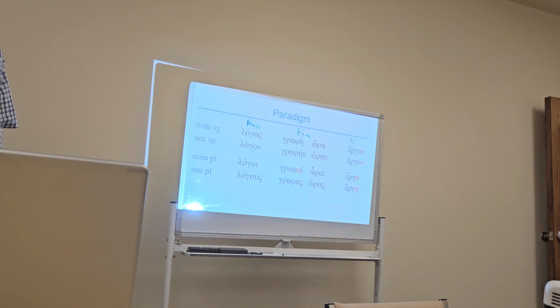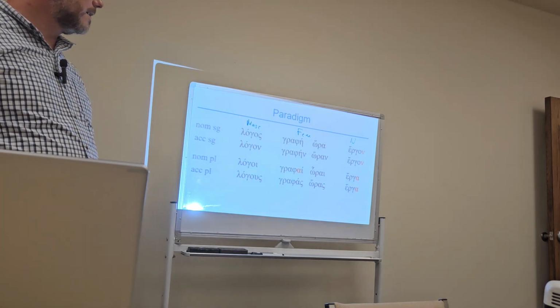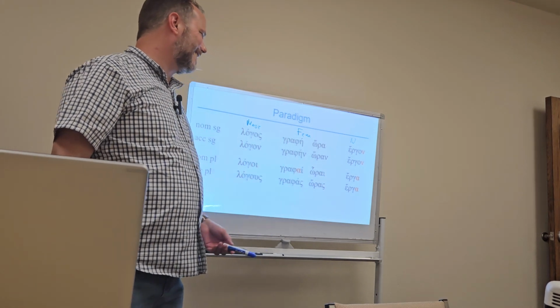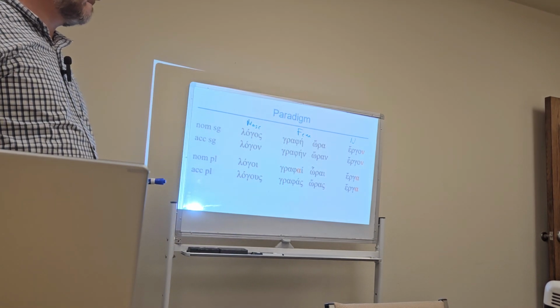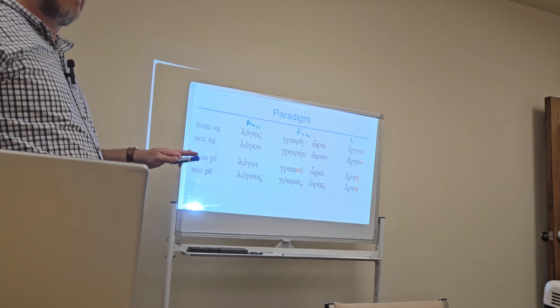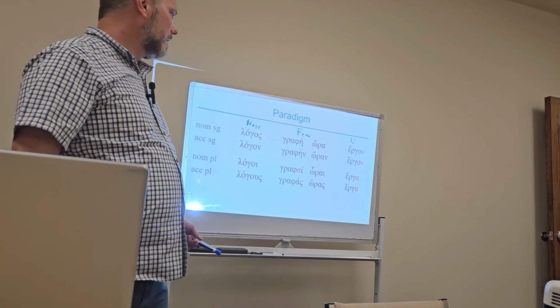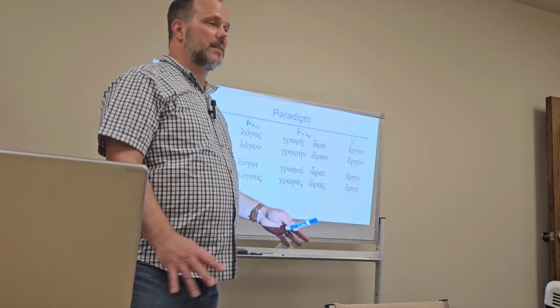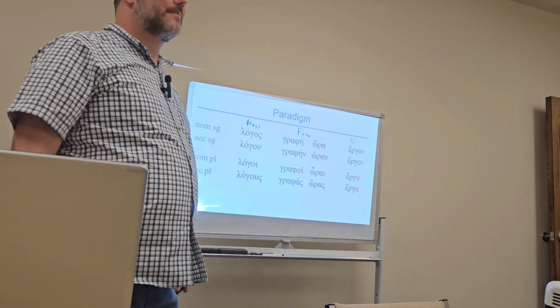Why does the nominative plural have a different accent on it than the other ones? Oh, here? Yeah, Greek generally follows rules, but not all the time. So here, our acute is now changed into a circumflex. Reasons why? Don't know.